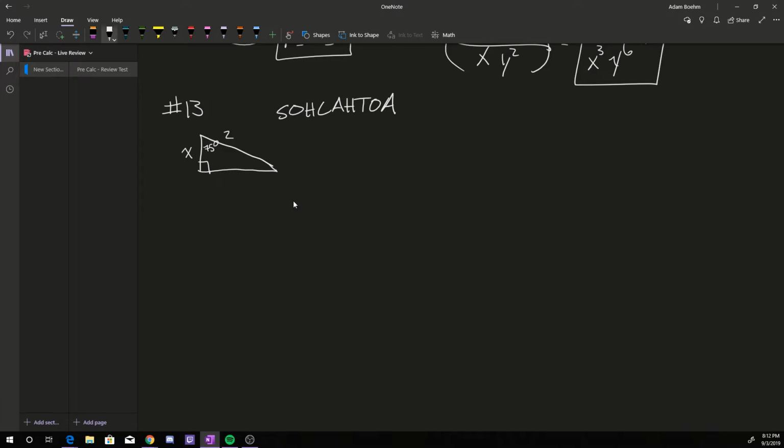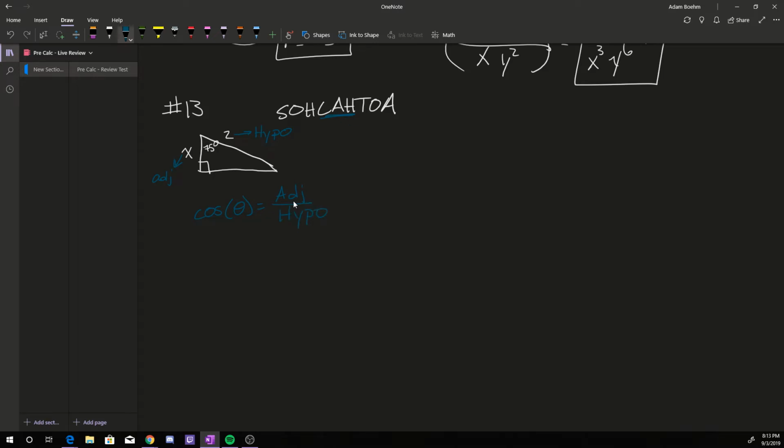So here we have the adjacent side, which is x, and the hypotenuse side, which is 2. And the one trig function we know that has adjacent and hypotenuse is the cosine.